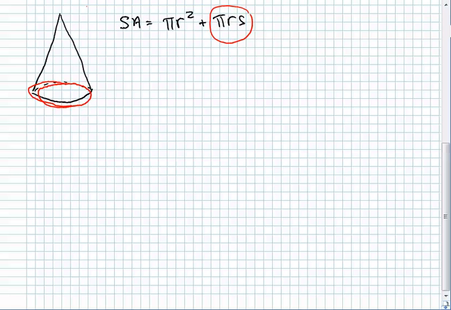If you cut along this line and flatten it out, it looks something like this. It looks a little weird, but it's basically a portion of a circle which makes up the lateral area, and then the base is just a circle. The distance from here to here is equal to the circumference of my circle.